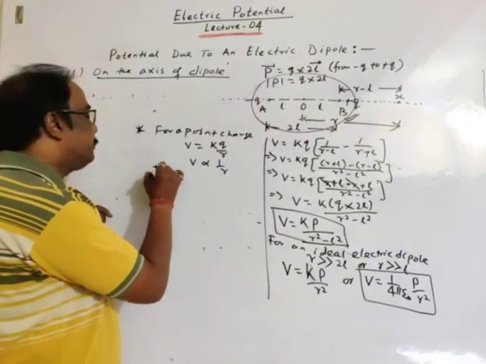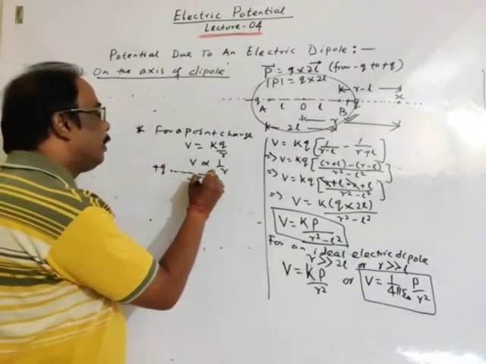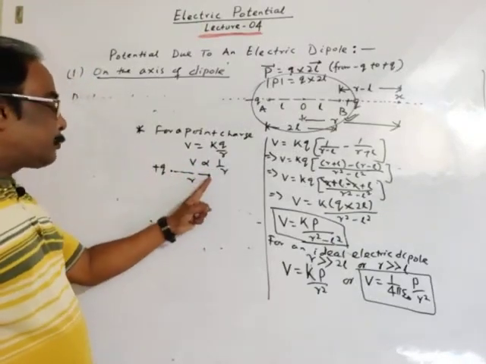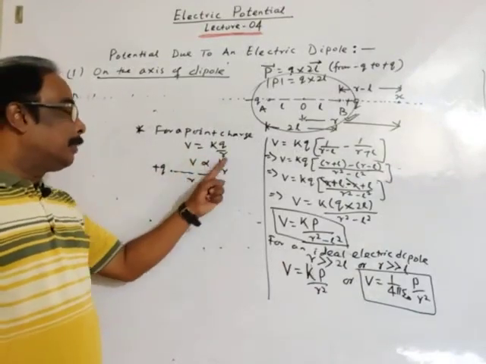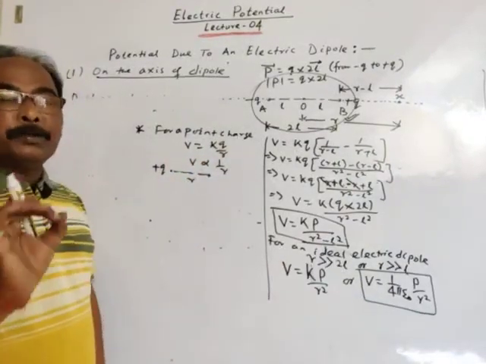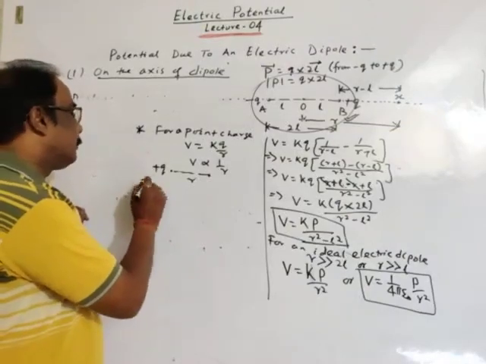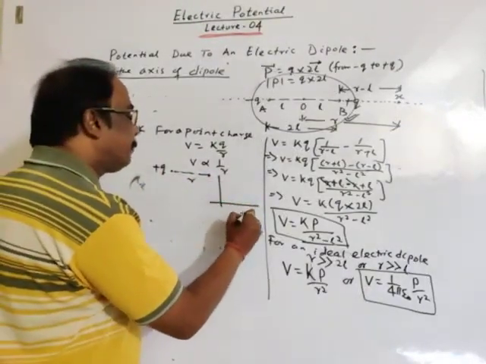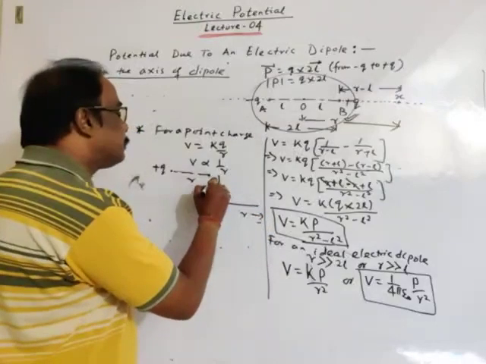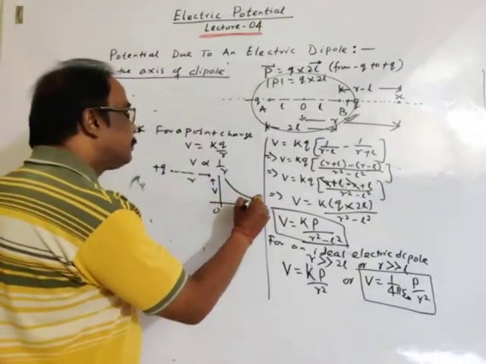If this is Q, then this distance is R. So at this point potential is KQ by R, or potential is inversely proportional to the distance from the point charge. We have also drawn the required graph. This is the variation of distance, this is potential, so this is the graph.